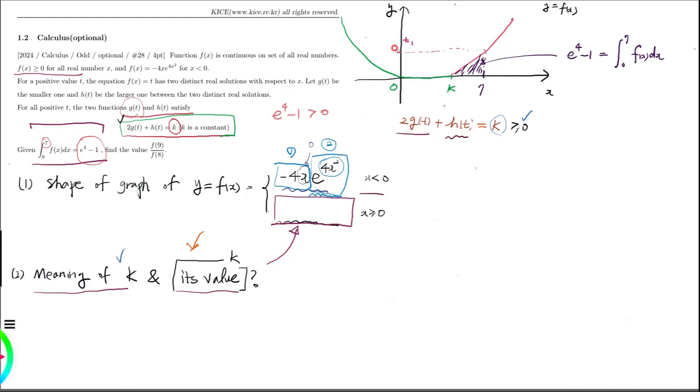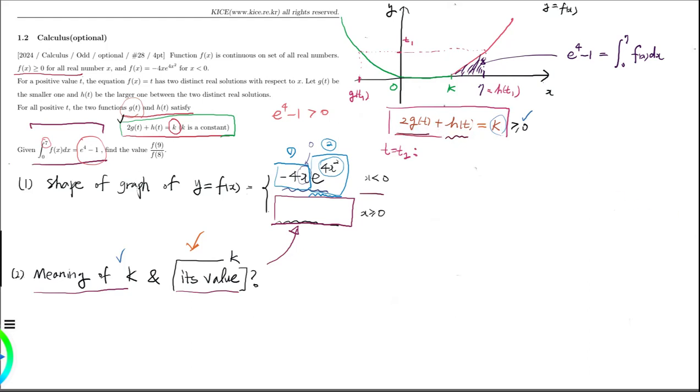Then we have a negative solution g of t1, and the 7 will be the positive solution h of t1.